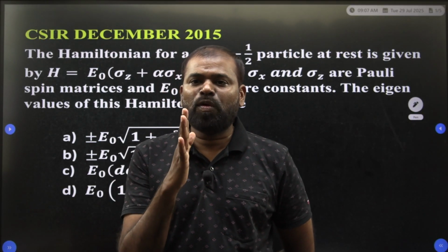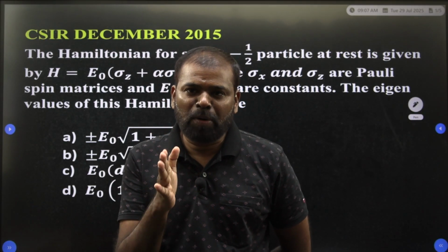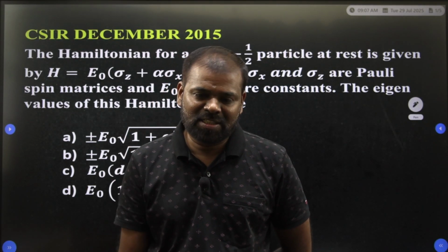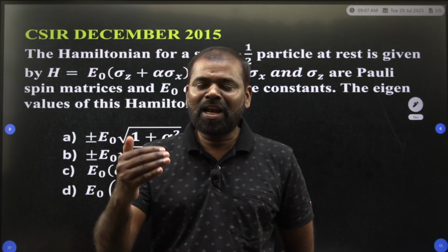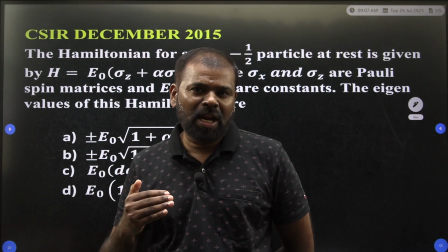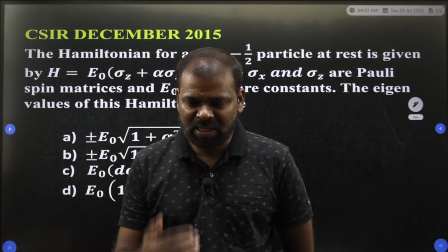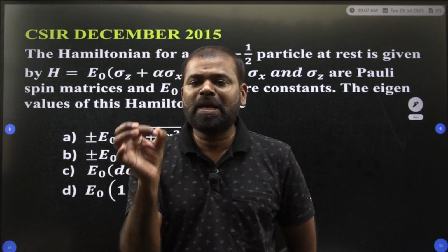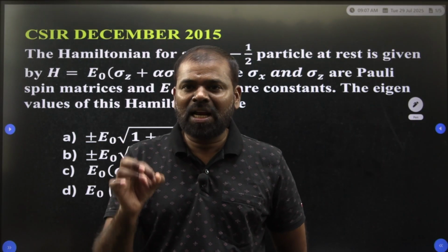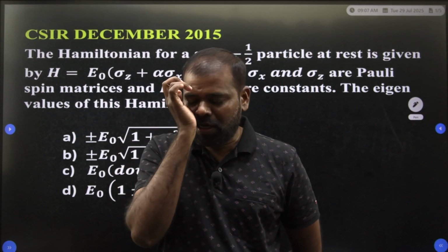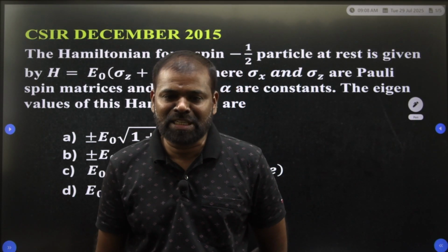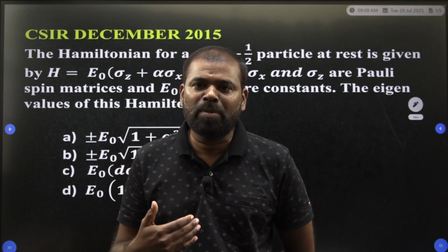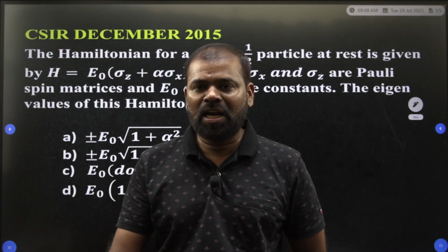In this video, we are going to discuss one more important quantum mechanics question. Till now we have been discussing orbital angular momentum questions. The subsequent topic after orbital angular momentum is spin angular momentum. In 1925, Uhlenbeck and Goudsmit introduced the intrinsic angular momentum, which we call spin angular momentum.